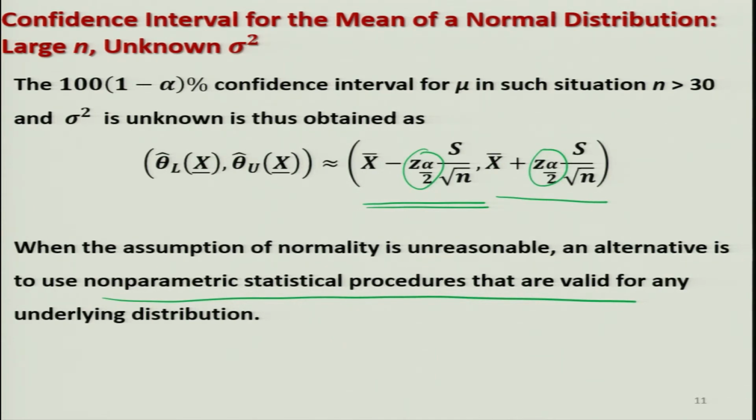I am not going to discuss it here, but once you have done so many topics, you can do non-parametric inference yourself without any problem. And I assure you that it is not going to be difficult.